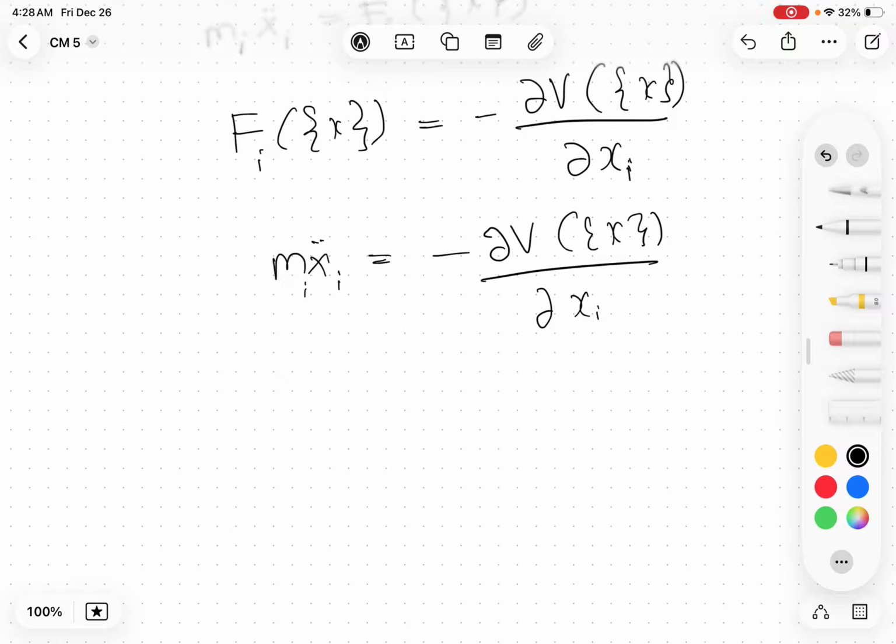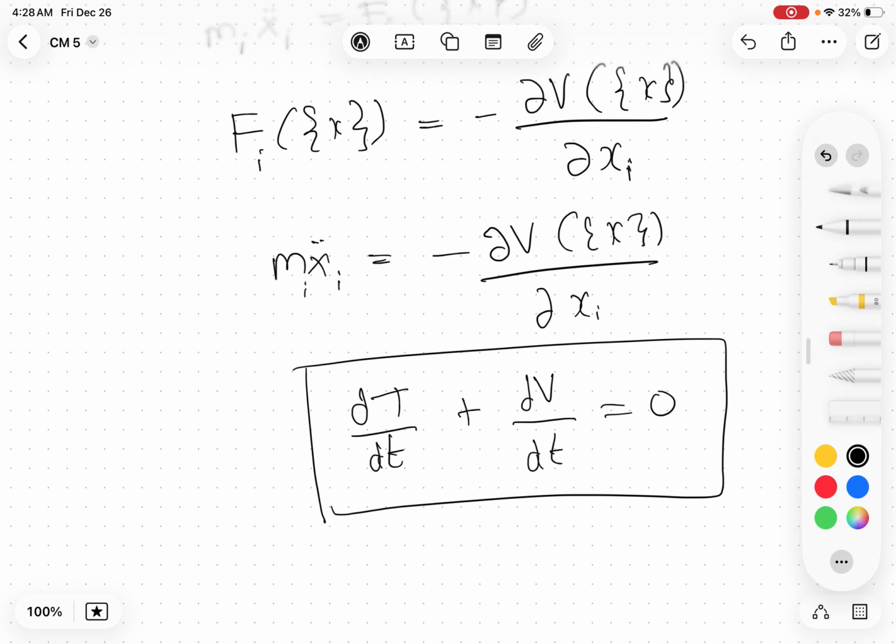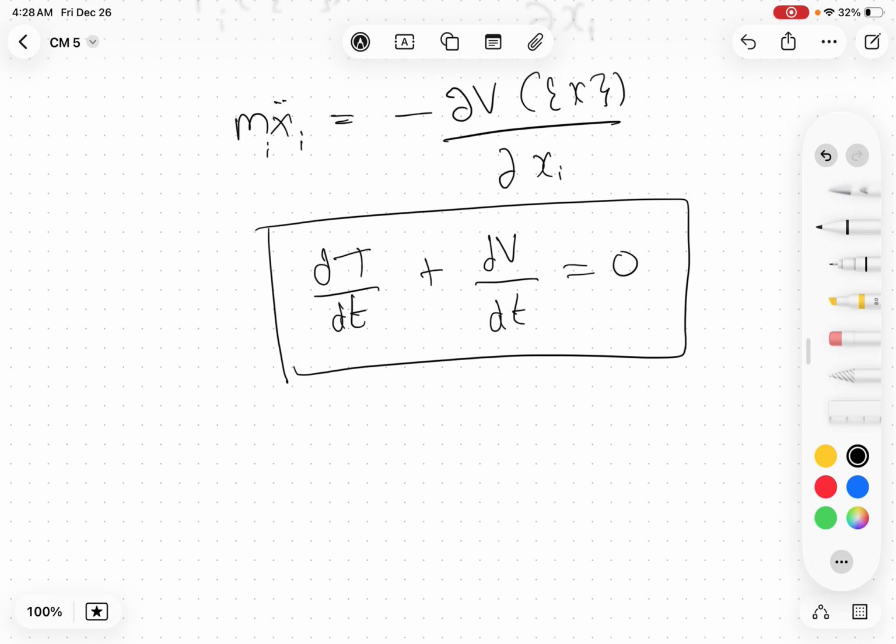If we work through the various equations here, we will come to the conclusion that the potential and kinetic energy, if we were to add them, we will get zero change. It's kind of an important equation.